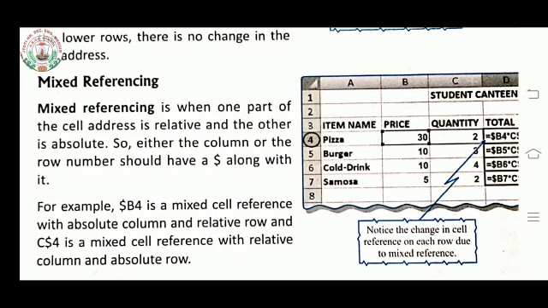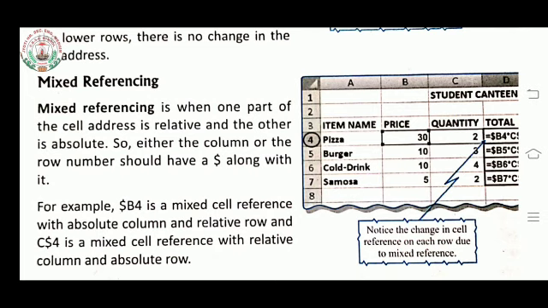For example, $B4 is a mixed cell reference with absolute column and relative row, and C$4 is a mixed cell reference with relative column and absolute row. What does it mean? In $B4, the B column will be fixed and the row number keeps on changing. And in C$4, the fourth row will be fixed and the column name C keeps on changing.